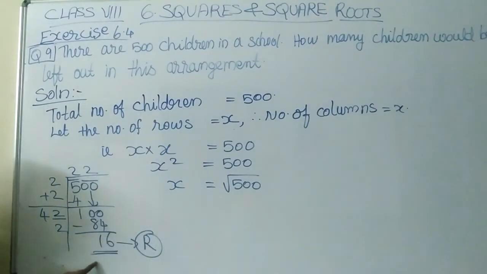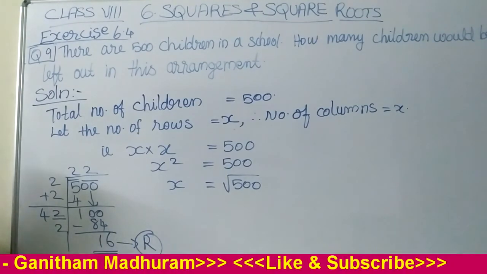16 is the remainder. That means to get a perfect square number, we have to subtract it, so the number of children to be left out will be 16.